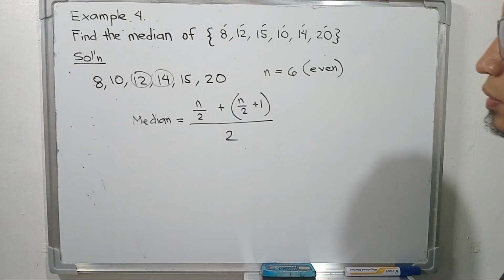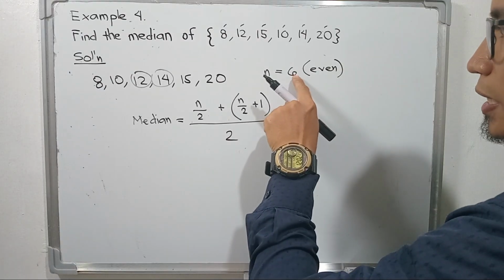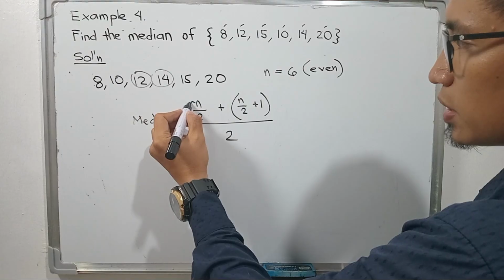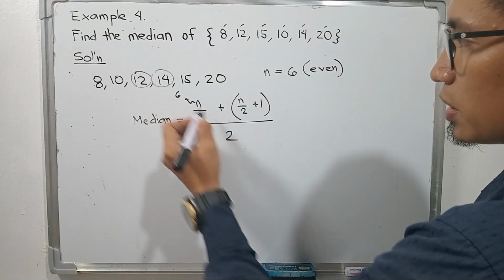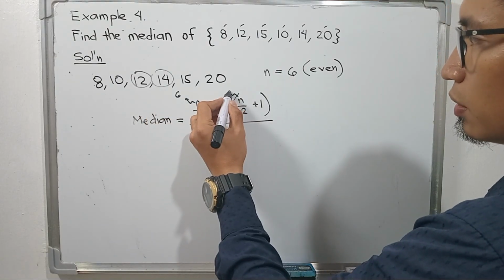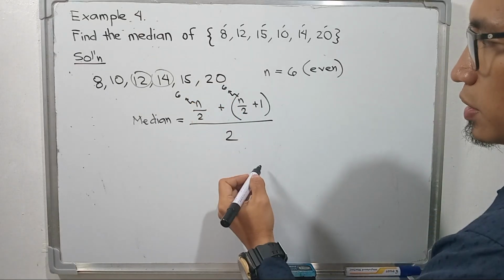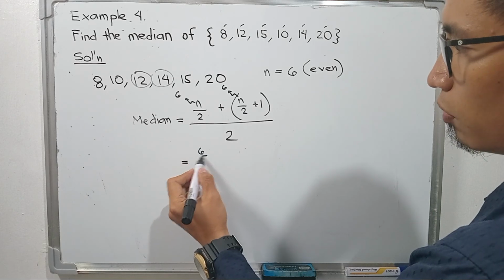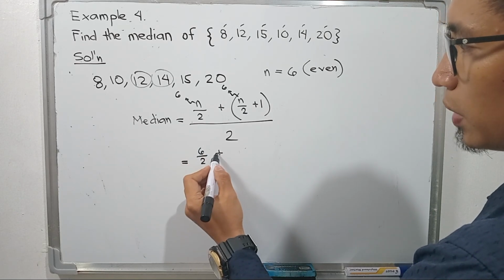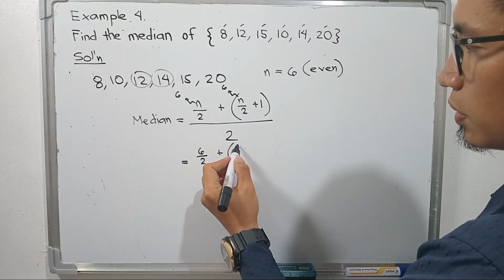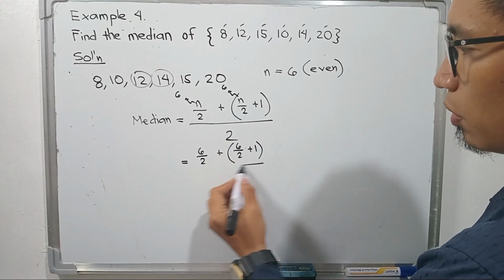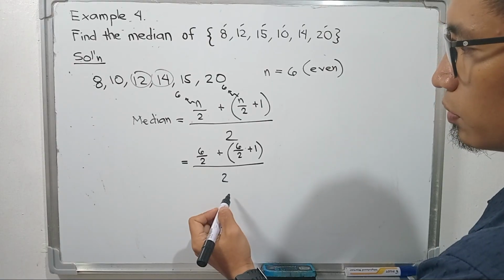So what we're gonna do now is we will plug in 6 in this equation. So this n here will be replaced with 6, and then this n here will be replaced with 6. So the equation will become 6 over 2 plus 6 over 2 plus 1 all over 2.